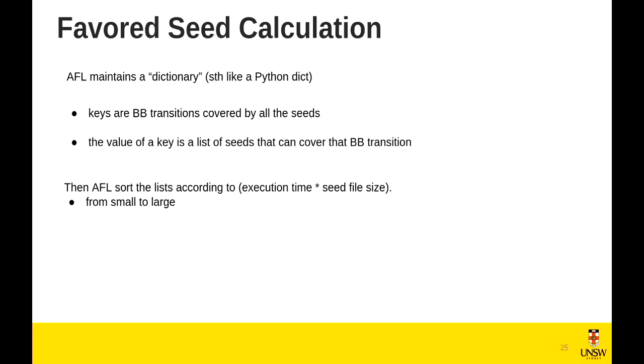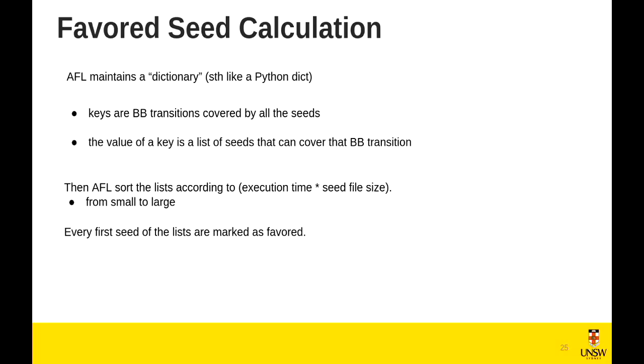Then AFL sorts the list for each key according to the execution time of that particular seed and the file size of that seed, from small to large. The smaller the value is, the more AFL favors that seed.